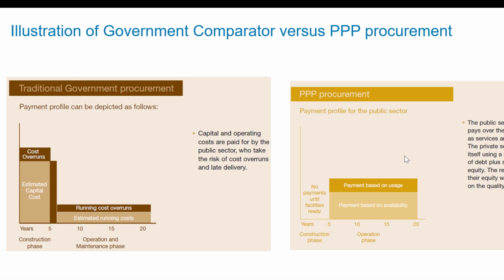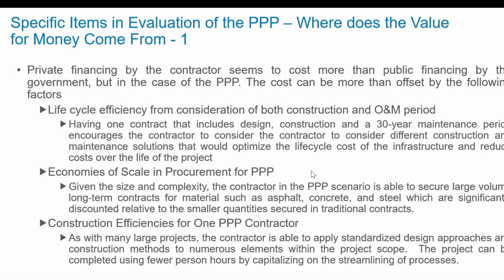And if you have a PPP, you have a payment based on quantity, availability, and a payment based on usage. I love the fact that they show this separately. Of course, I didn't do that. I took that from somebody else. Okay, and then I should put who I took it from to give them credit. And then you have life cycle. So this is the kind of benefits you should be able to get.